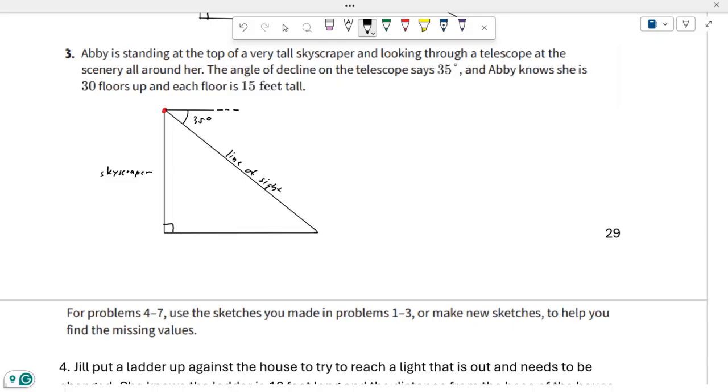And then at the bottom here is the ground. All right, the only other thing to add to this picture, as of right now, is this whole business about her being 30 floors up and each floor being 15 feet tall.